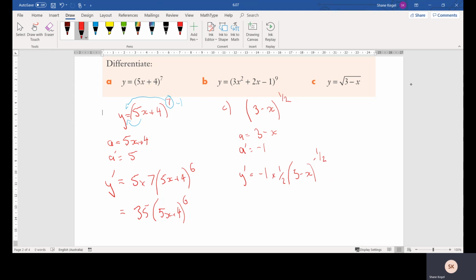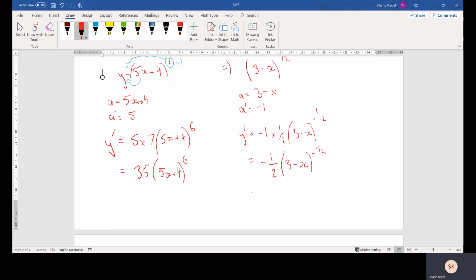Okay, so from here, let's simplify what's out the front. So -1 times a half gives me negative a half, 3 take x to the power of negative a half. And often we don't keep it with a negative in the power, so we can convert this.